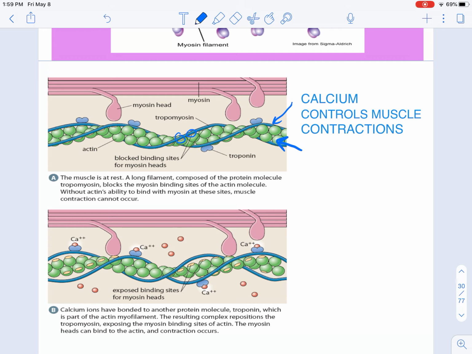So this muscle is relaxed when the tropomyosin is covering the binding spots for myosin heads to bind to it, because as soon as it does, it's going to pull it. So the tropomyosin is covering the binding spots of the actin.